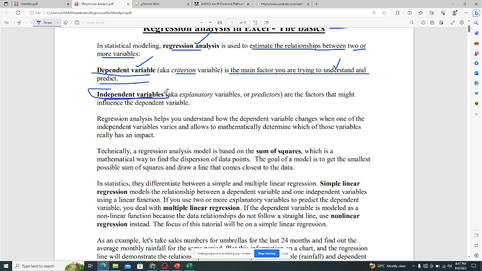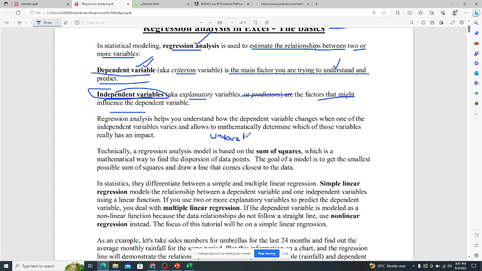The independent variable, also called the predictor or explanatory variable, is the factor which influences our outcome, and our outcome is the dependent variable.